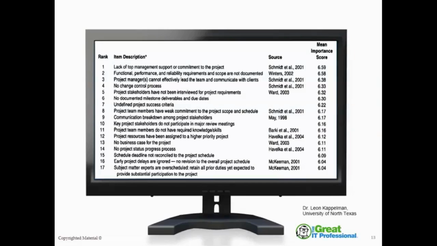Now, it's not because managers are bad people or because they're not particularly prepared. The issue is that unless an executive has come up through the ranks of project management, he or she is not aware of the critical role of the project sponsor, and certainly is not aware of all that the project sponsor role entails.